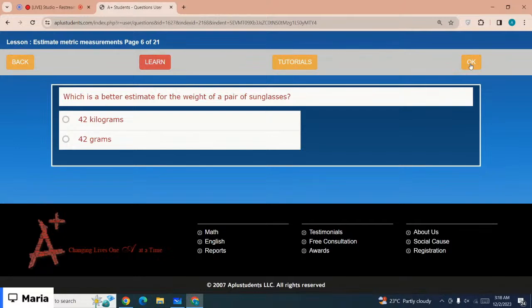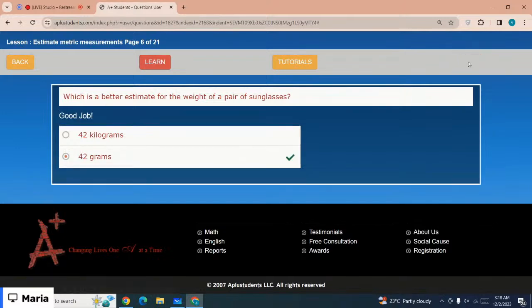That is 42 grams, right? Because kilogram is too much for sunglasses. So the correct option is 42 grams, right?